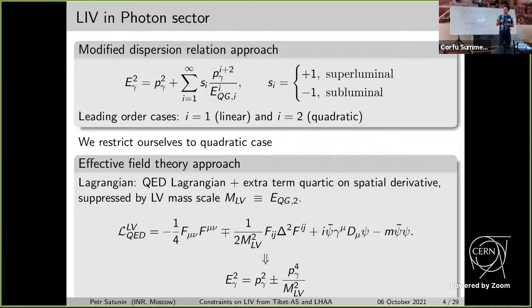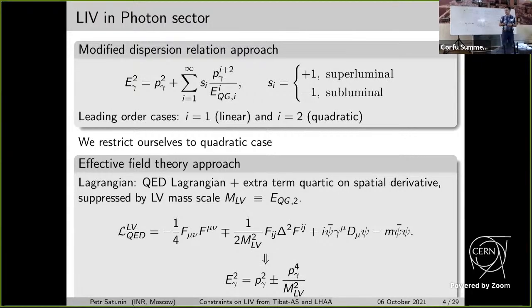So the linear case is suppressed, where current constraints are really super-Planckian, and in the quadratic case it is simpler to calculate cross sections in effective field theories, which I will discuss later. So in the effective field theory approach, for this quadratic case, you can write the Lagrangian, where I call E_QG2 as M_LV.